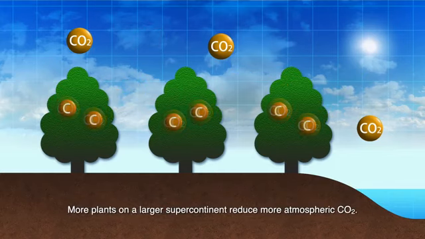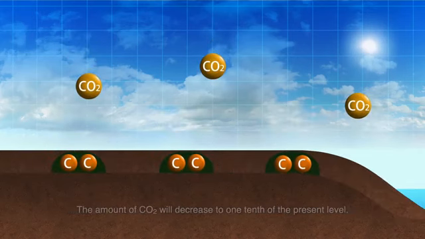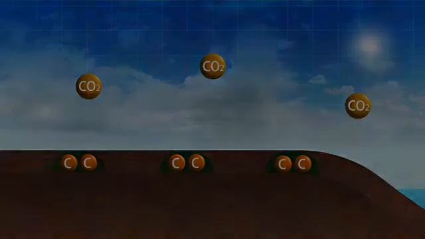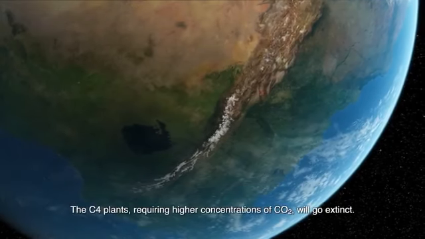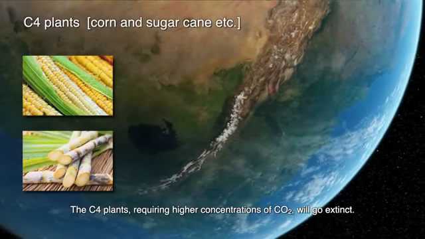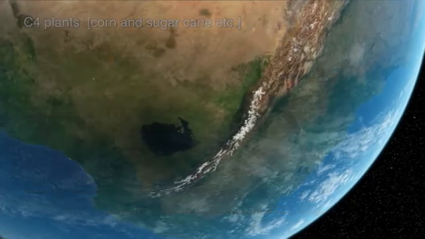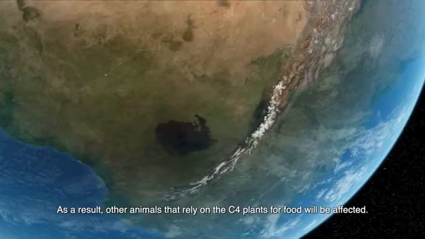More plants on a larger supercontinent reduce more atmospheric CO2. The amount of CO2 will decrease to 1/10 of the present level. The C4 plants, requiring higher concentrations of CO2, will go extinct. As a result, other animals that rely on the C4 plants for food will be affected.